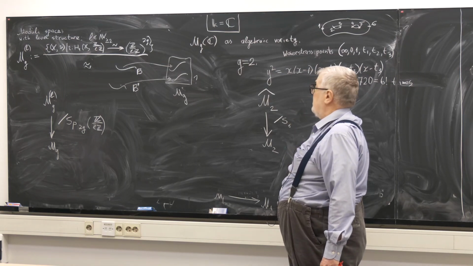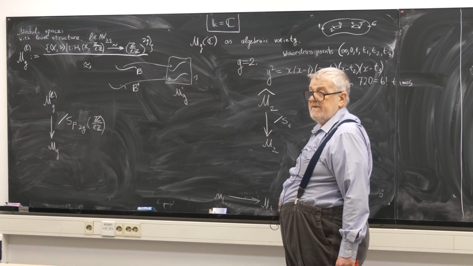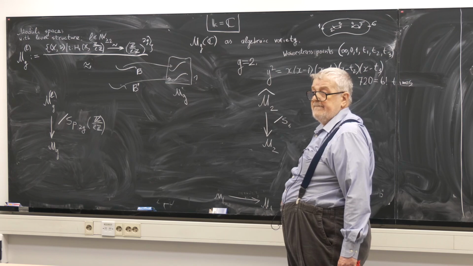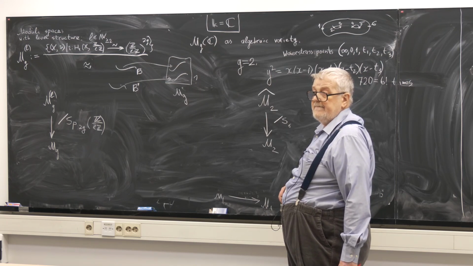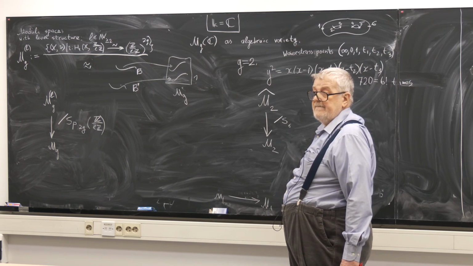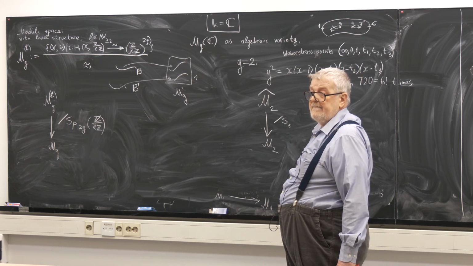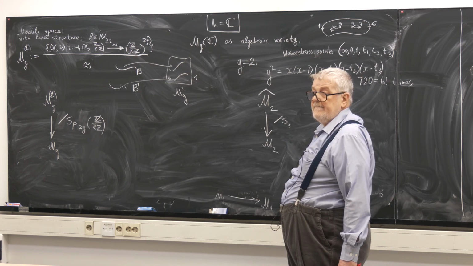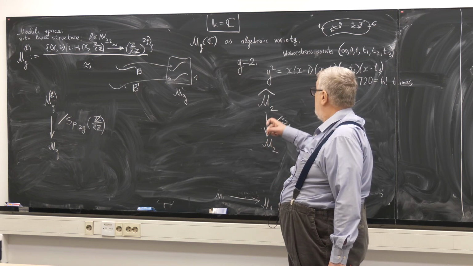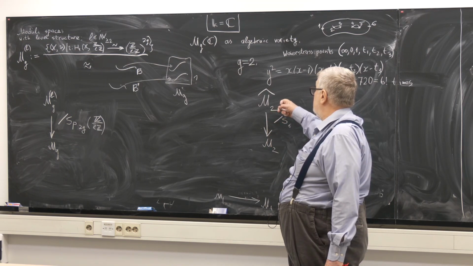So, any questions about this? So the level structure in the second example is something like the chosen order of inflection points. Yes. I don't know.